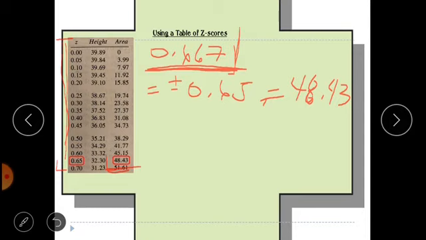Yung area niya. Kaya, yung range from 0, so lagi tayo mag-start ng 0, no? Mag-start tayo from mean na 0 to yung positive 0.65.